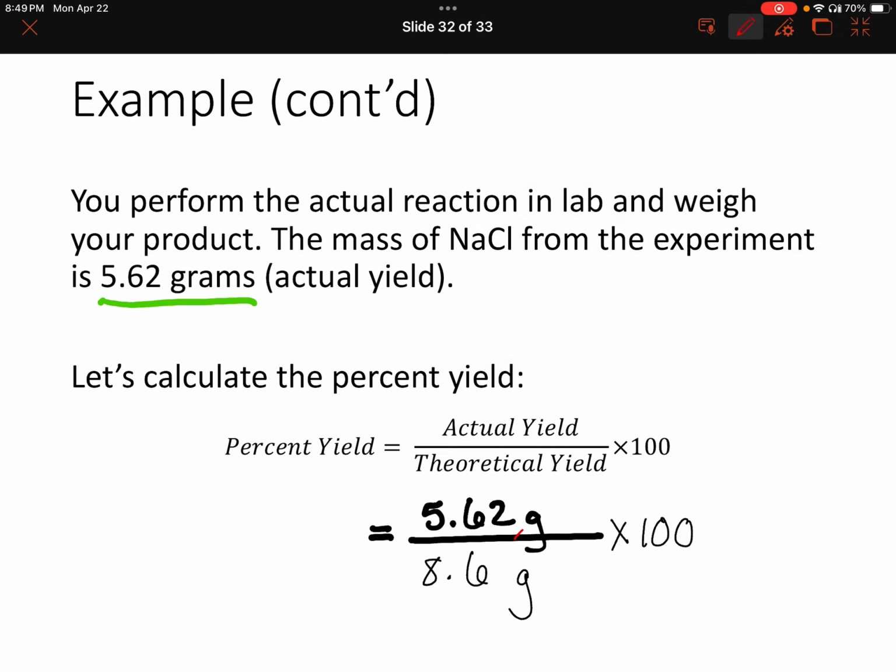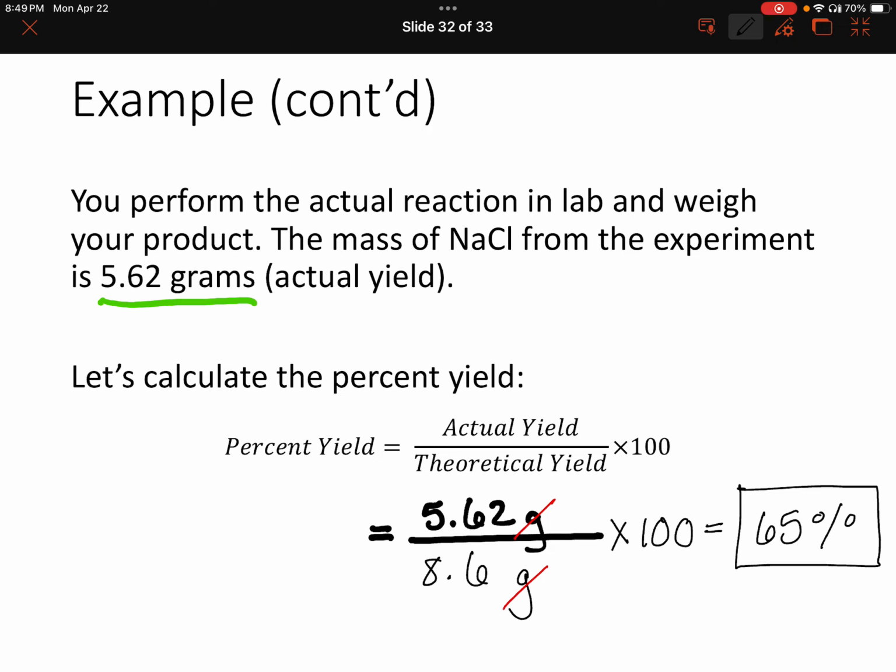Notice that grams will cancel, and we're just going to get a percentage. So I get 65% for my actual percent yield. So we only formed 65% of what we were expecting to form, but in chemistry, that's actually a pretty decent amount.